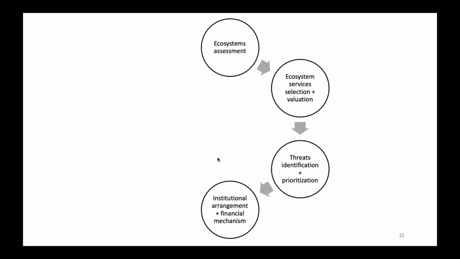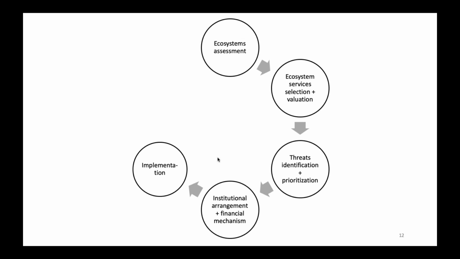Then designing all the institutional arrangements and the financial mechanisms: who or what kind of institution or organization is going to manage the whole scheme, both from a technical point of view, but also from a financial point of view.